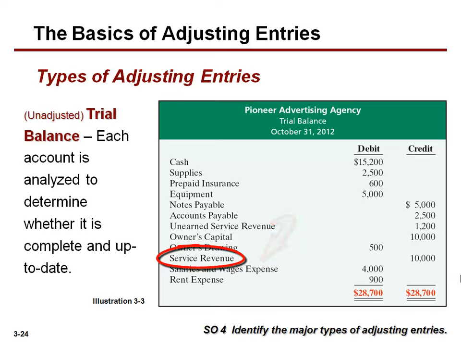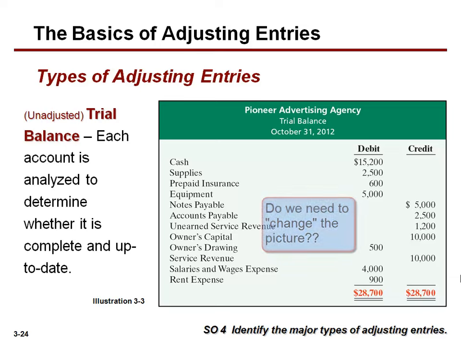The regular service revenue account at the bottom, $10,000, whatever balance is in it after we're done here, will appear in the income statement. The unearned service revenue account, currently $1,200 as we're looking at it here, appears in our balance sheet as a liability. These are the exact conditions we're examining in this chapter to adjust to get our financial conditions stated properly.